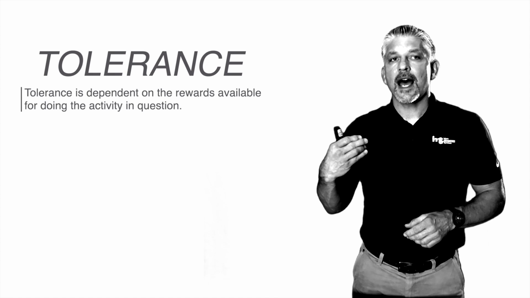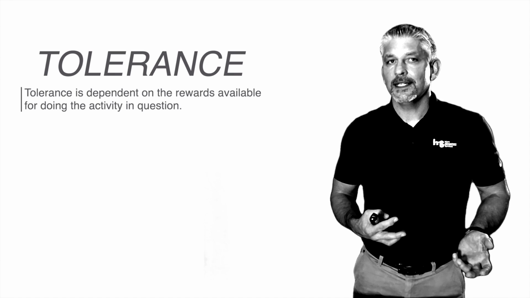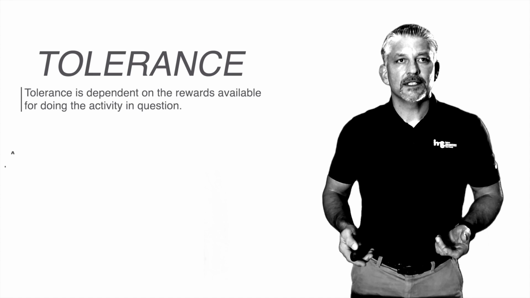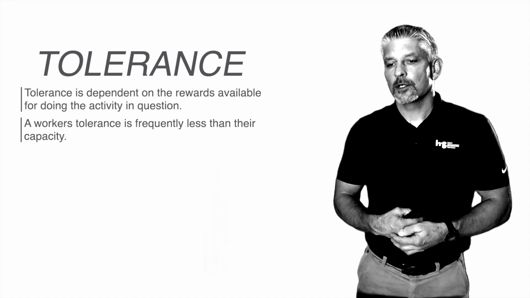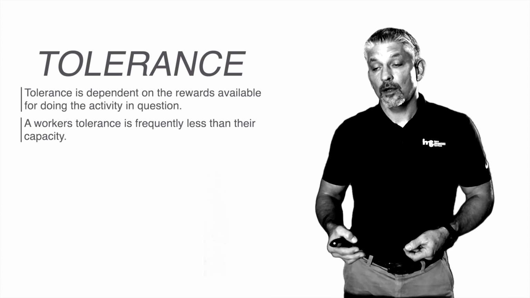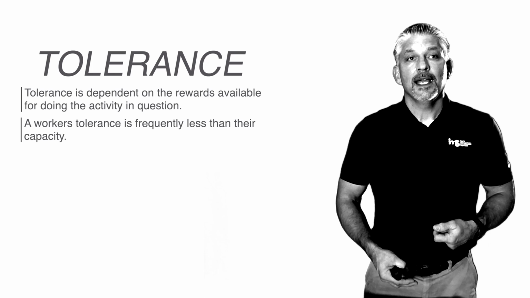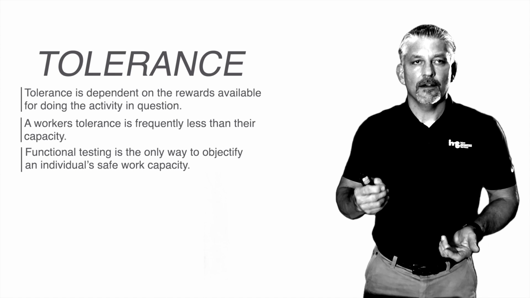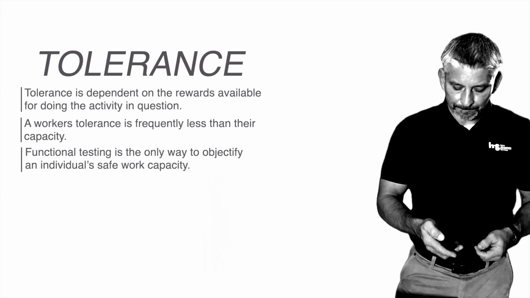And if you rely on what the person is telling you, you can't make decisions based upon what the person is telling you. That's why functional testing, if someone is applying for disability, the law does not let you go on the person's description. They require functional testing. And functional testing is the only way to objectively define the individual's safe work capacity.